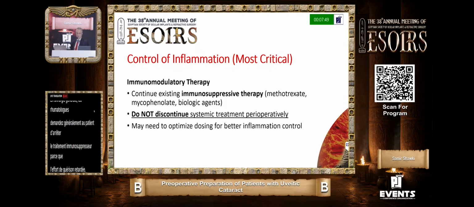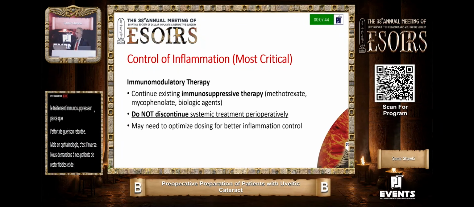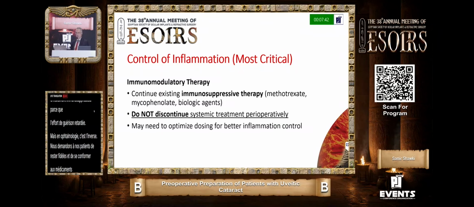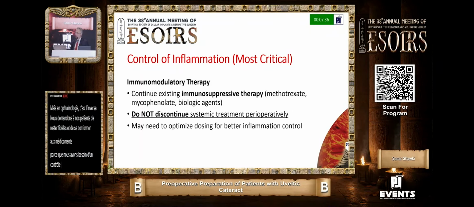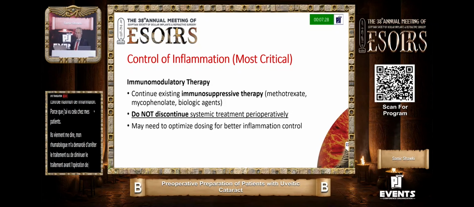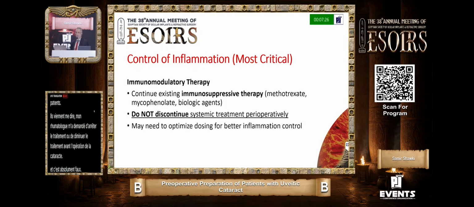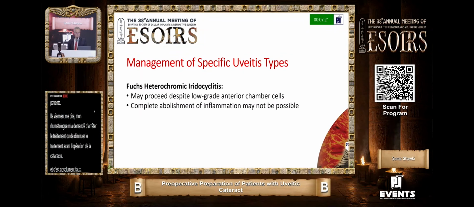We ask our patients to stick to and comply with the medications because we need the maximum control of inflammation. I have seen this in my patients. They come telling me, my rheumatologist asked me to stop the medication or decrease the medication before cataract surgery, and this is absolutely wrong. We have to do exactly the reverse, to maximize the anti-inflammatory medication.